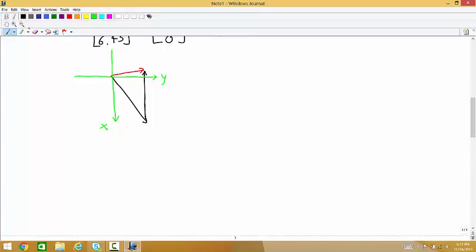And then the second one, a ball is thrown into the air from a height of 2 meters at an angle of 25 degrees from vertical.